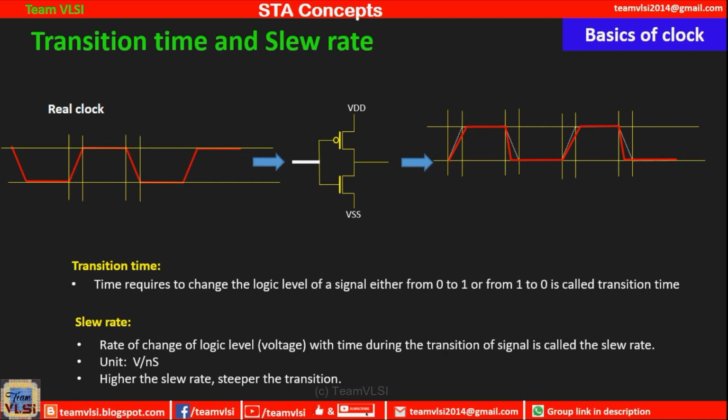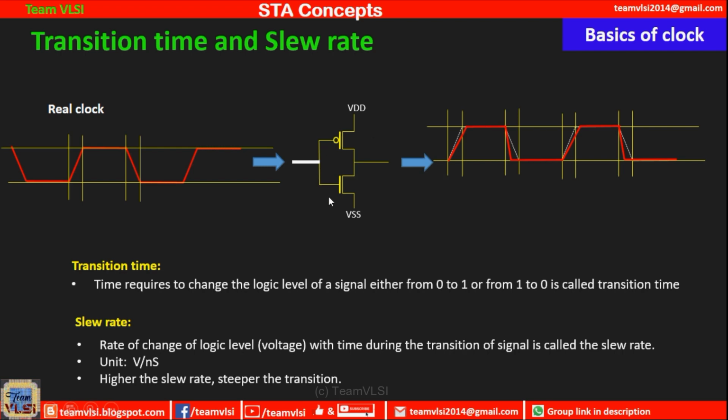So imagine there is a series of such inverters through which your clock signal is going, as in your clock tree, where there is a big series of inverters and buffers.